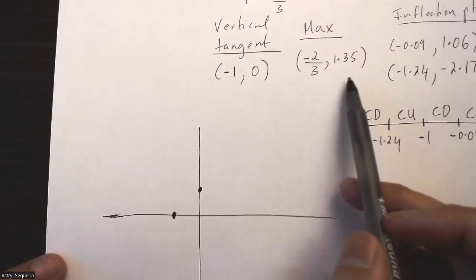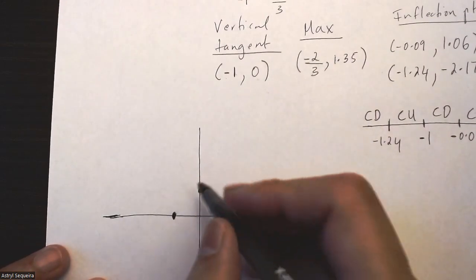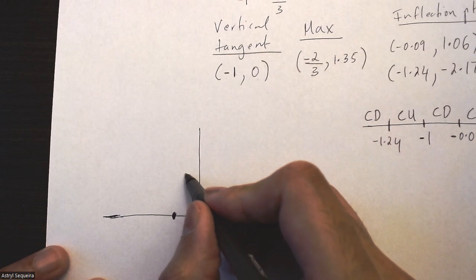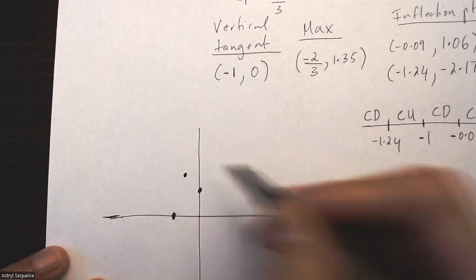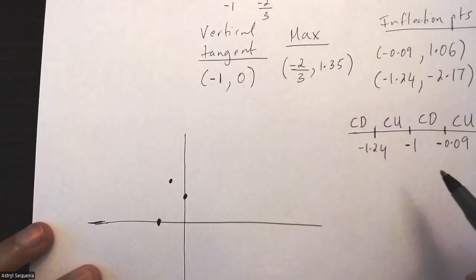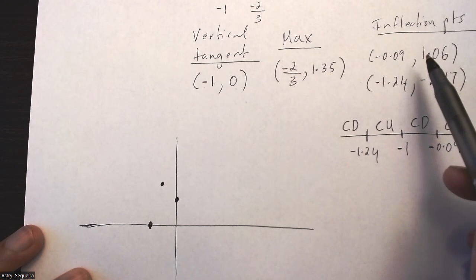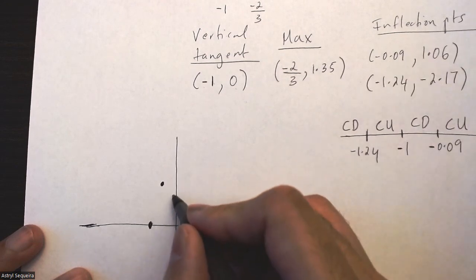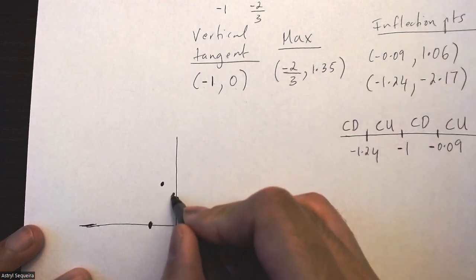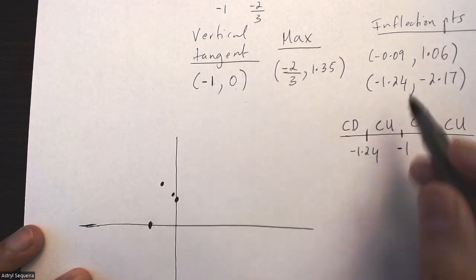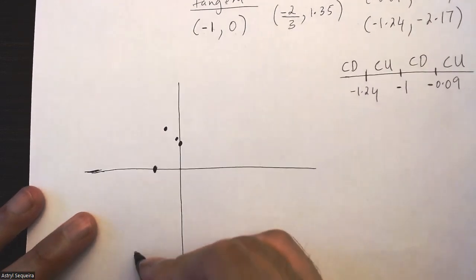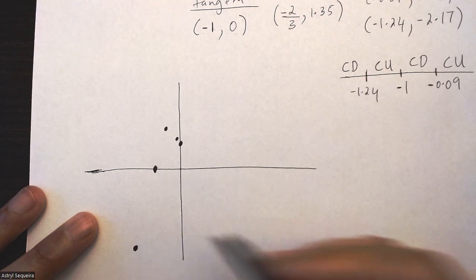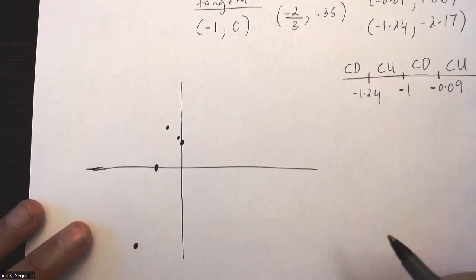I have a maximum at -2/3 and 1.35. I have inflection points at negative 0.09 and 1.06 right there, and negative 1.24 and negative 2.17 is down here. I'll label all the points after I do the sketch because it's a bit more neat like that.